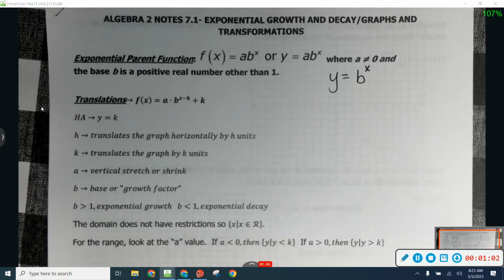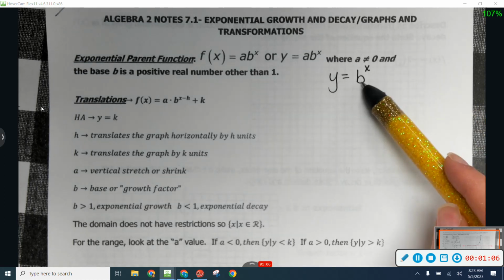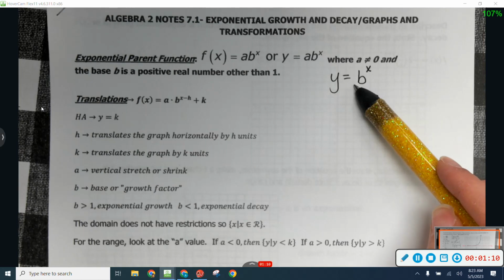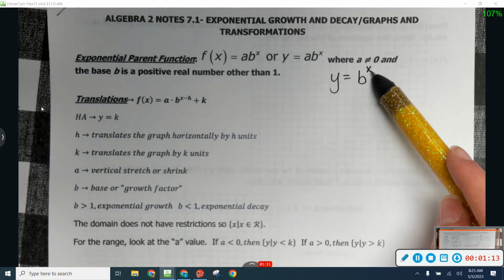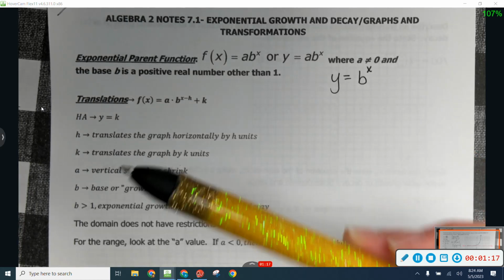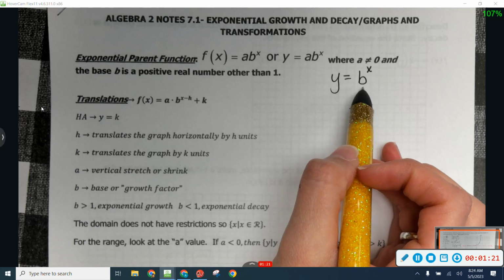Okay? With exponential and logs, it's a little bit different. The parent function just means you have any number base that's a real positive number raised to an x power. So the x being in the exponent is what makes it exponential. Okay? So anything other than that is considered a transformation.